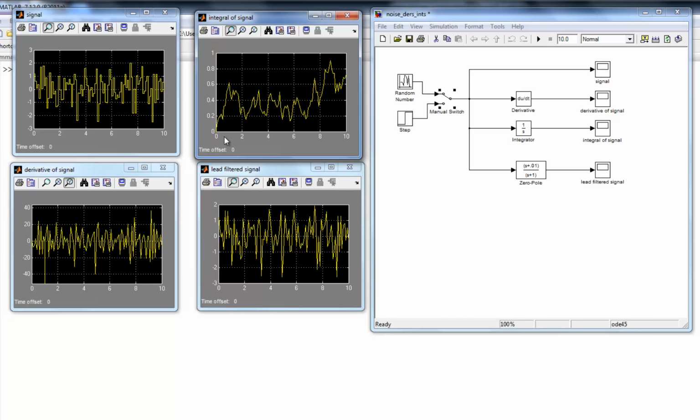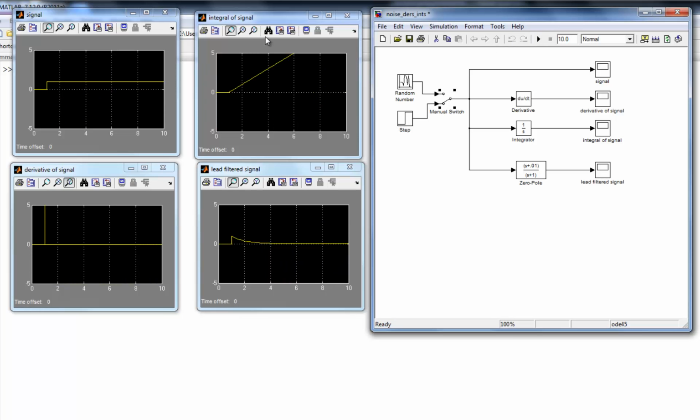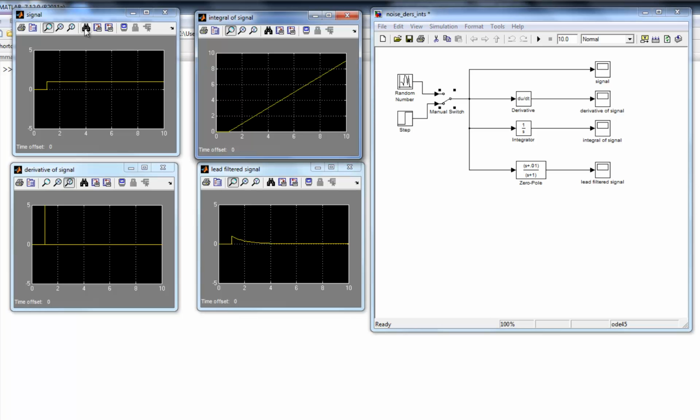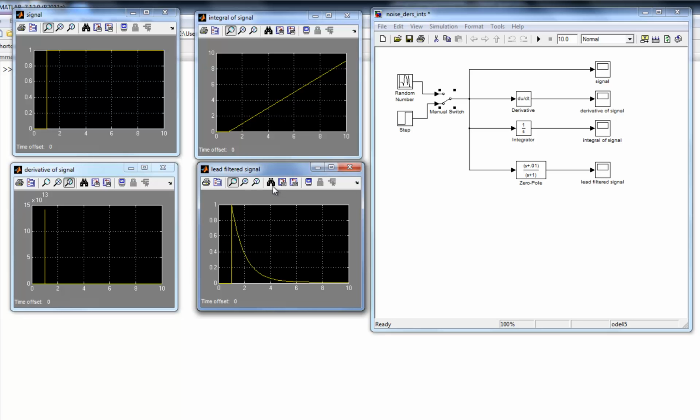If we look at the integral of the signal, we notice that it's around 1 in magnitude, and it tends to reduce the amount of noise. The lead filtered signal, in this particular case, doesn't change the magnitude of the noise very much. If we switch over to the step input, we can see the impact of integrator windup. Here's the integral of the signal, and here's the signal itself, the derivative of the signal, and the filtered signal.